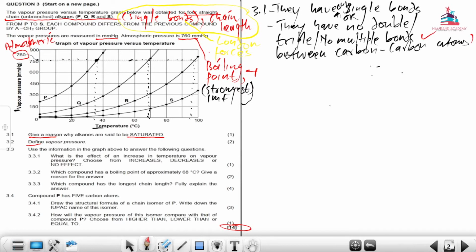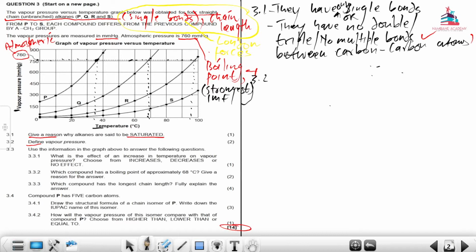Then at 3.2, define the term vapor pressure. We did explain in our previous video that whenever we are given a definition, we must use the definition as it appears in terms and definitions.